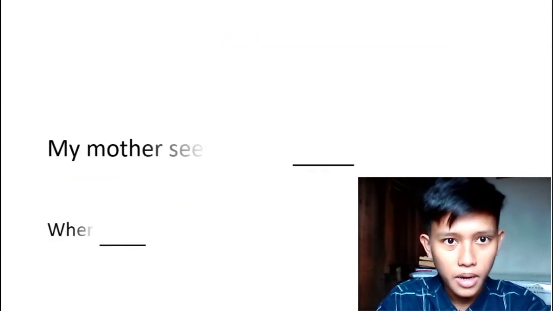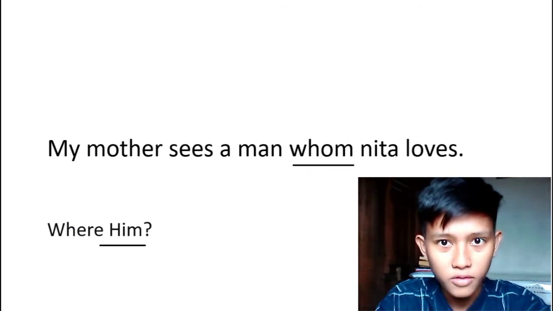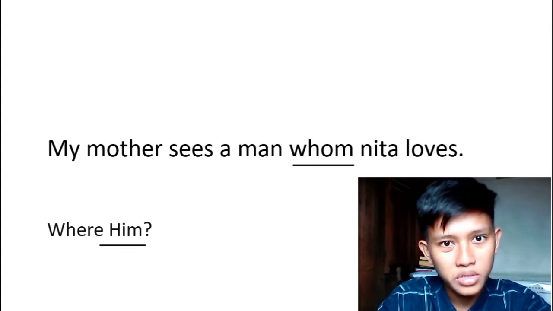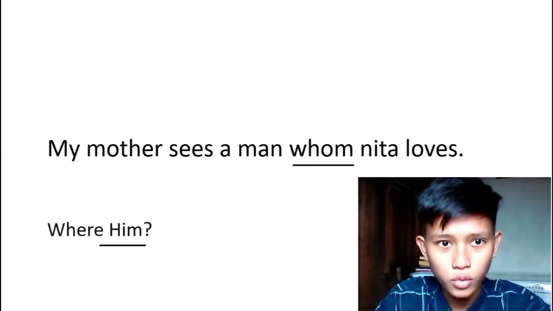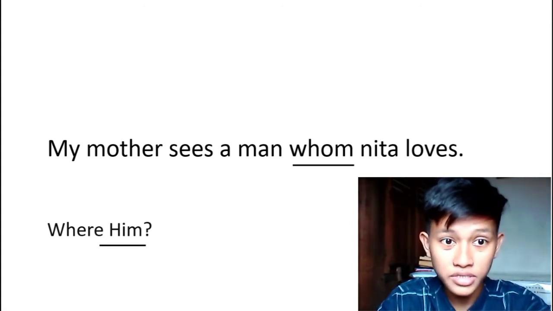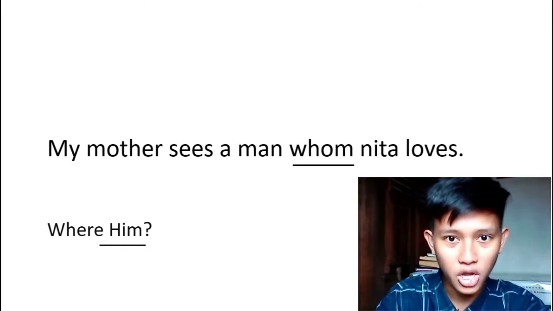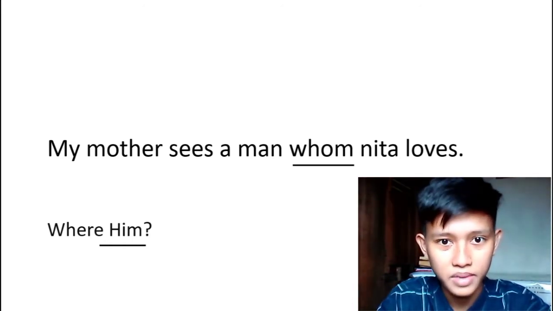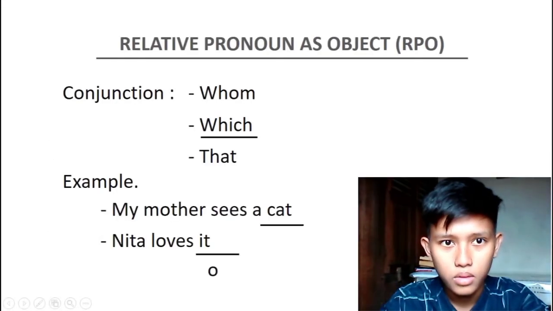Like this: my mother sees a man whom Nita loves. But where is him? There cannot be two objects in one sentence. In this sentence, whom is the first object that replaces man, and the second object is him, so there would be two objects in one sentence.